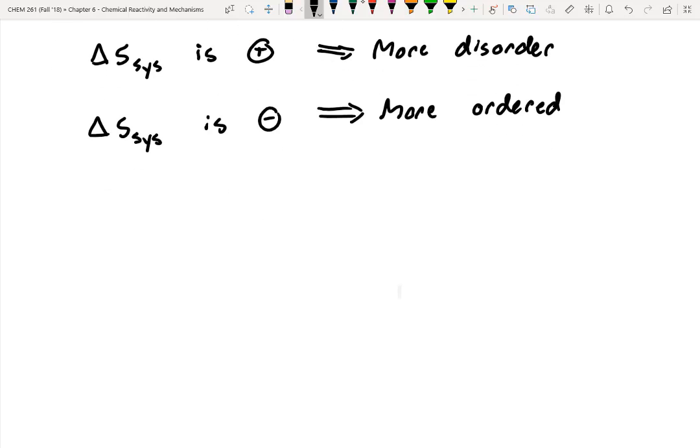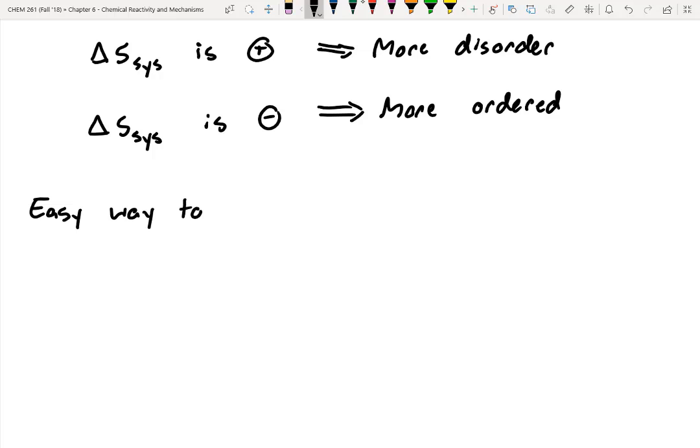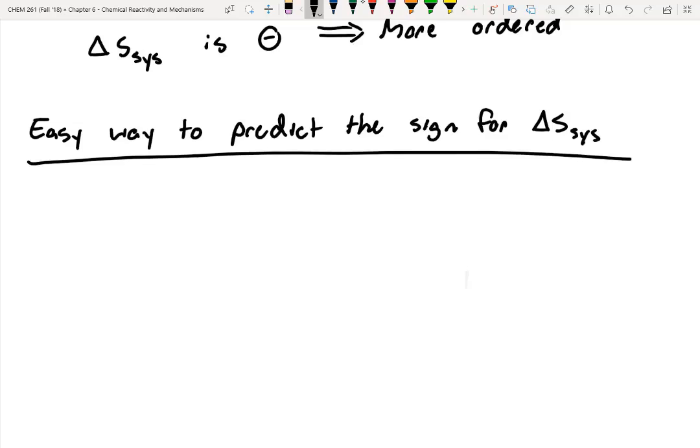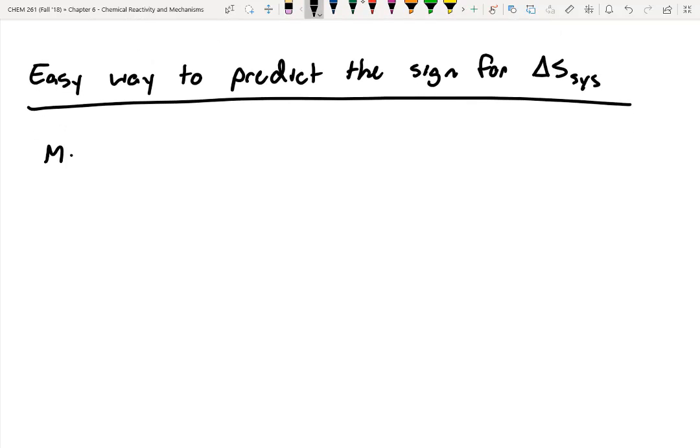All right, so let's come up with an easy way of predicting the sign for delta S of the system. More moles of product than reactant. What does that likely mean?